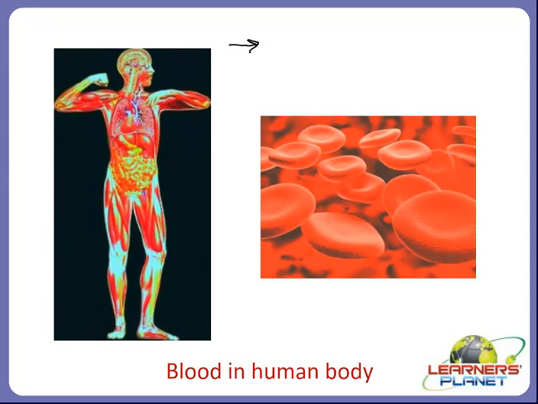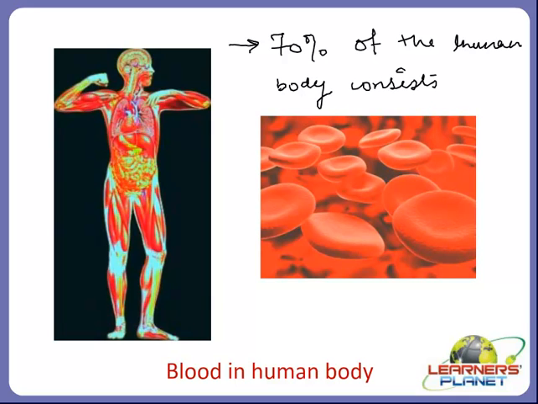You will be very amazed to know the fact that 70% of the human body consists of water. And that is why blood, which transports substances within the human body, is largely composed of water.